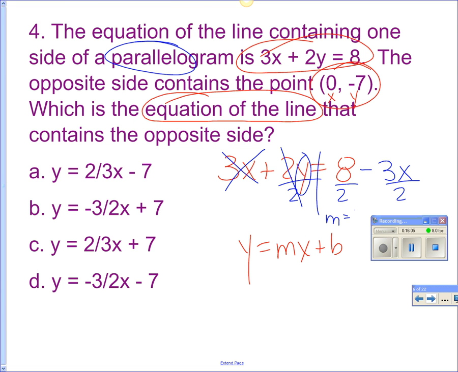That's my m. Negative 3 over 2 is my m. Daniel, do I need to flip and change it? It's parallel. Parallel means the same. Monica, where am I going to go from there now that I have my m?